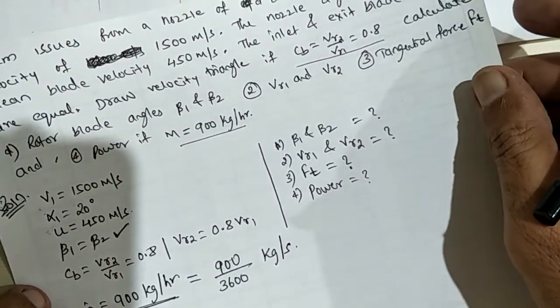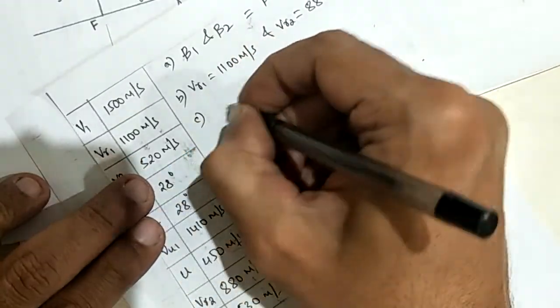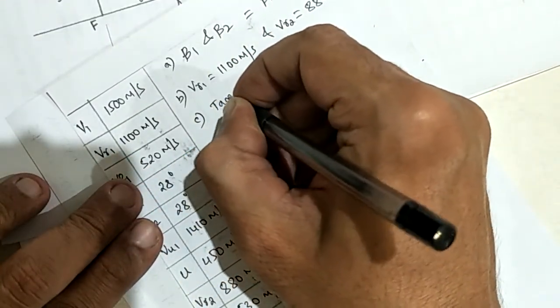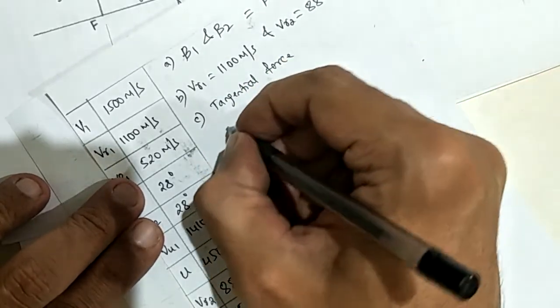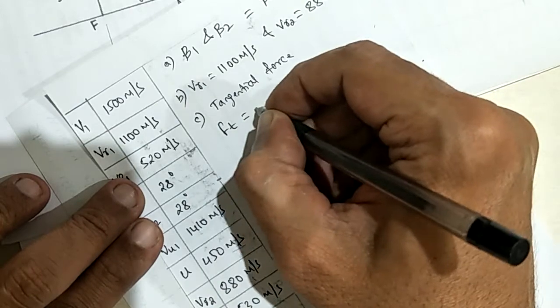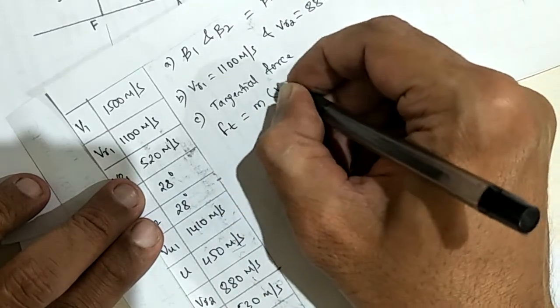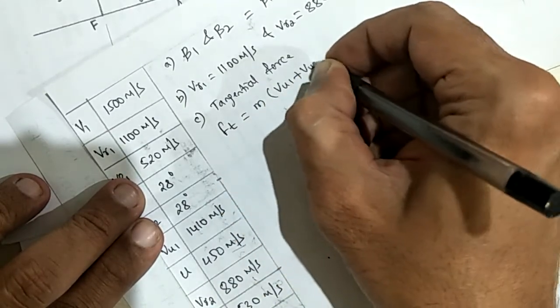Then the C bit is we need to calculate tangential force, right? Tangential force Ft is equal to m into bracket Vu1 plus Vu2.